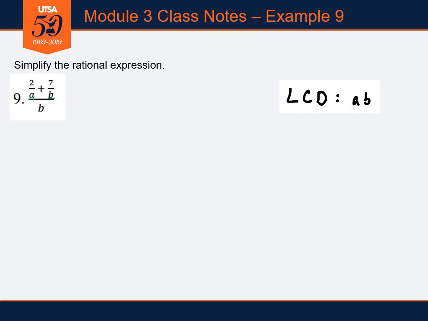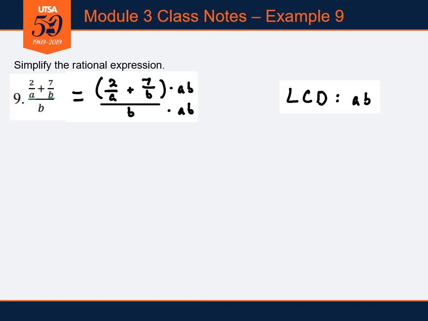What we're going to do from there is multiply top and bottom by the whole LCD. This is what I mean. Multiply the entire numerator of the larger fraction by a times b, and multiply the denominator by a times b. I'm keeping things balanced because I'm doing the same thing to the top and the bottom.